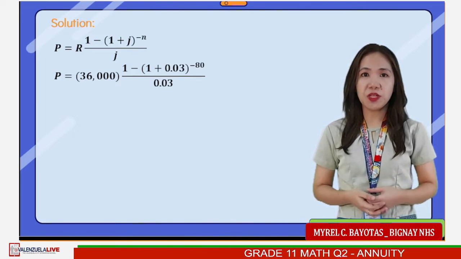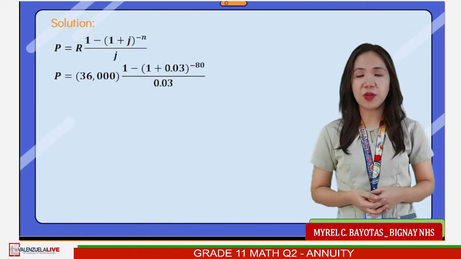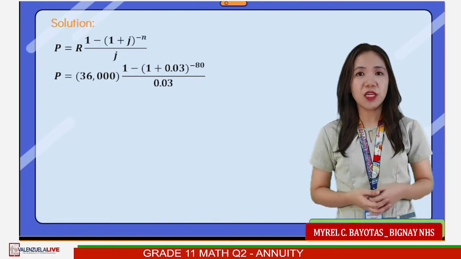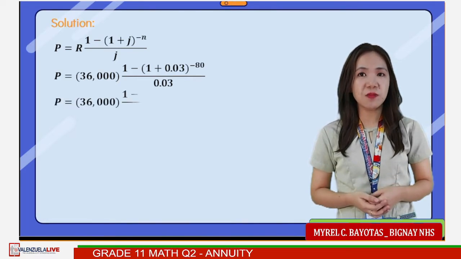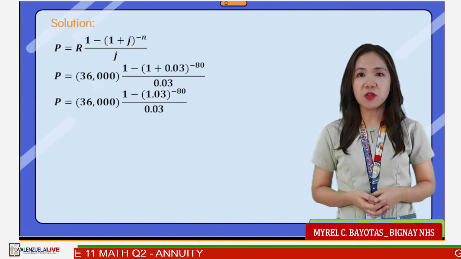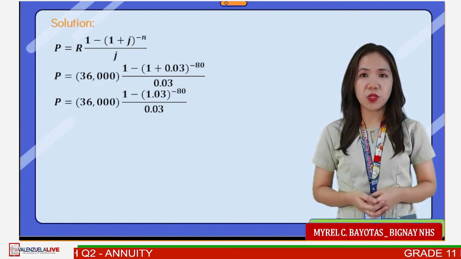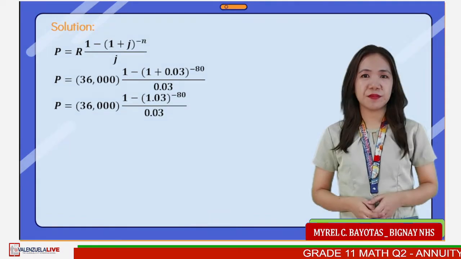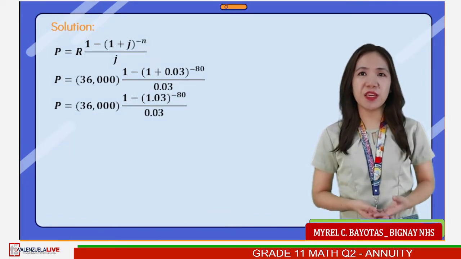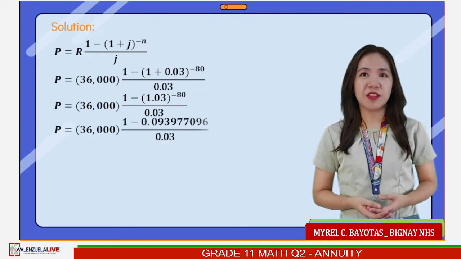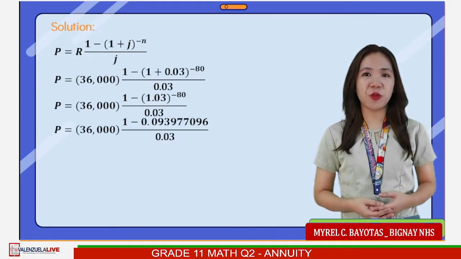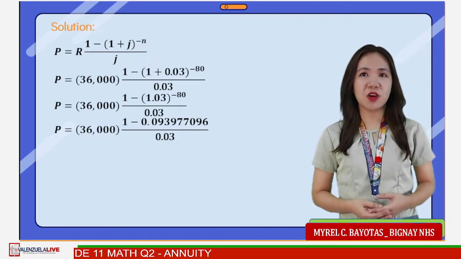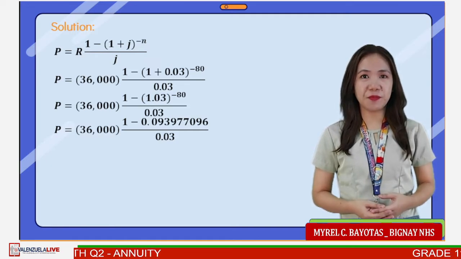Considering PEMDAS rule, simplify what's inside the parentheses. That is, P equals 36,000 times 1 minus 1.03 raised to negative 80 all over 0.03. Now we have P equals 36,000 times 1 minus 0.093977096 over 0.03.